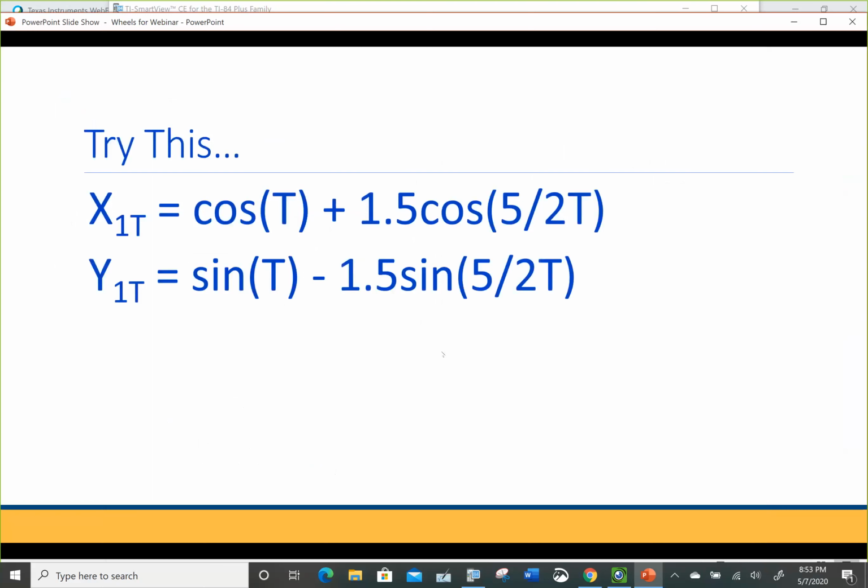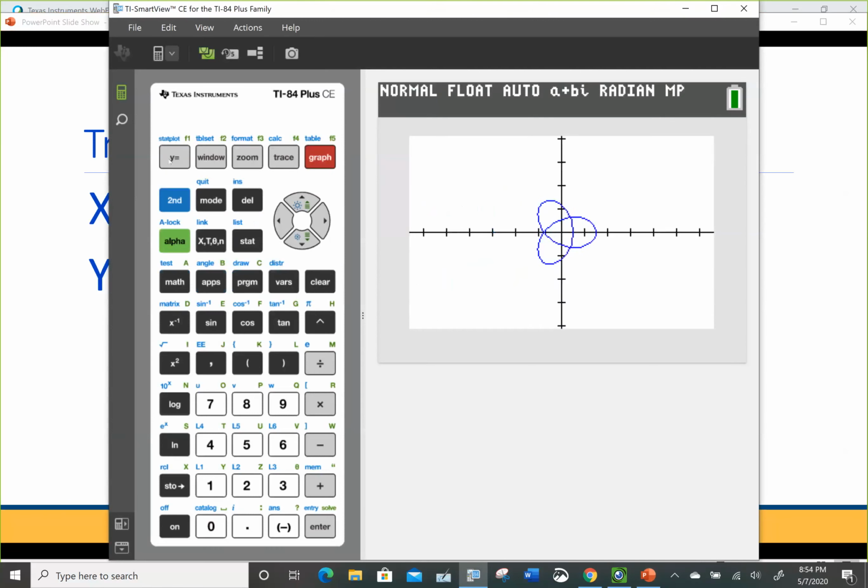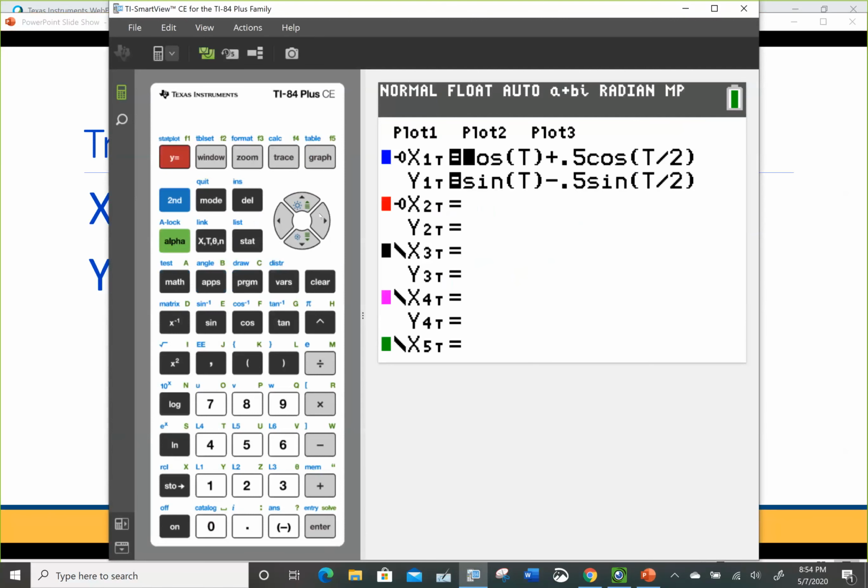You were asking what would happen if we did change the coefficient of t, though. Look at what happens if we actually change this to 3 halves t. I'm going to put back my 1. And then change this coefficient to a 5.